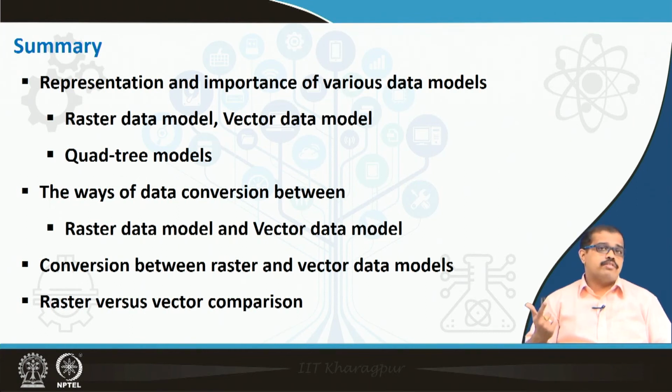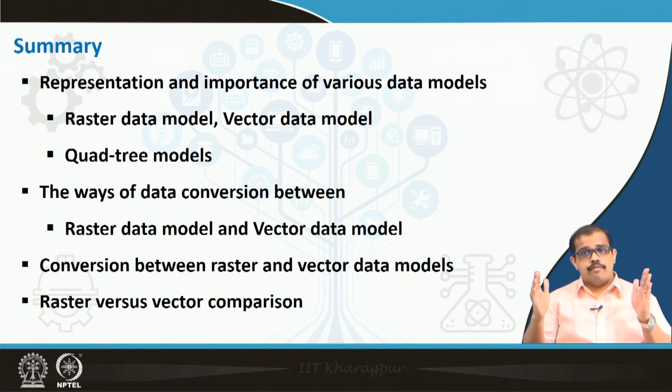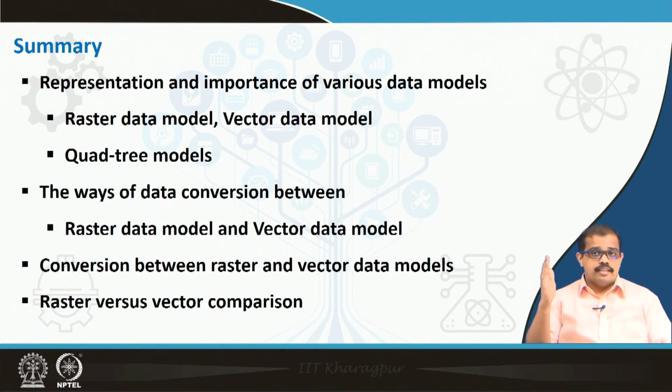Very importantly, we looked at the raster data model and the vector data model. But in this particular session, we looked at the raster data model. We said it is a collection of a number of pixels or areas in the form of a matrix with m cross n rows and columns, and this can be represented in a quadtree data model, very efficiently used.